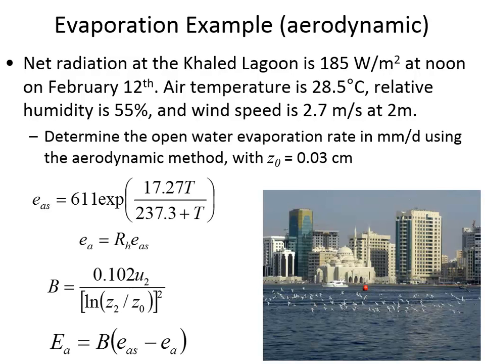In this case, though, assuming unlimited transport on a daily basis, no, unlimited energy, then just the wind profile and the humidity conditions are such that we could get 6.31 millimeters per day evaporated from the lagoon.